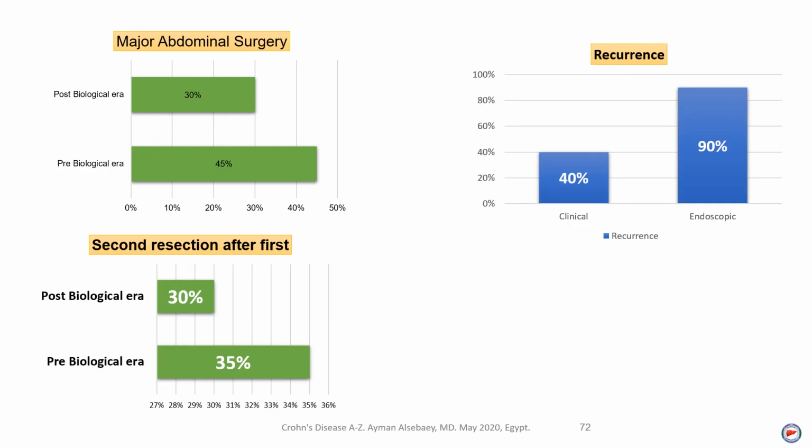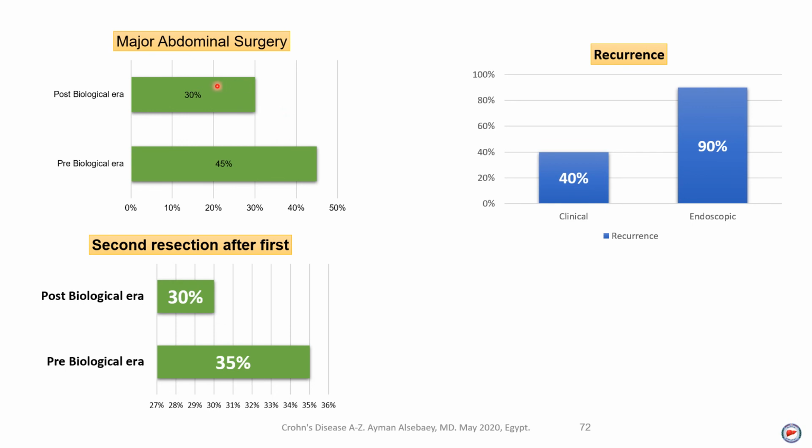If we come to surgery, for example, you will find that before the era of biological therapy, 45% of the patients required major abdominal surgery for resection, for obstruction, intra-abdominal abscesses, fistula, anything like this. But after the era of biological therapy, the number has decreased to 30%.